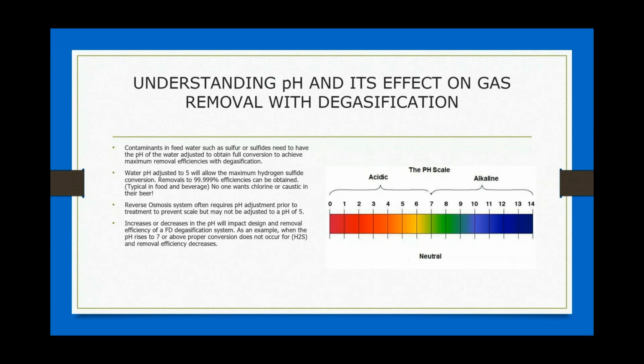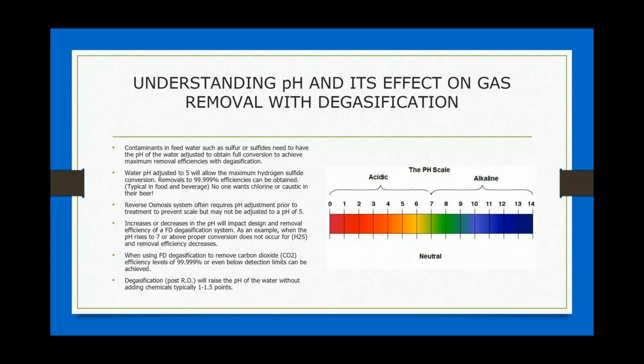Increasing or decreasing the pH impacts the removal efficiency of the degasification process, as I mentioned. An example is when the pH rises to 7 or above, proper conversion doesn't occur for items like hydrogen sulfide, and the removal efficiency decreases. When using degasification to remove carbon dioxide, efficiency levels near 100%, or 99.999% below detection, can be achieved.